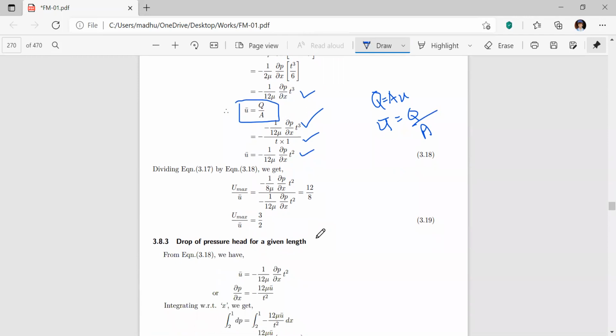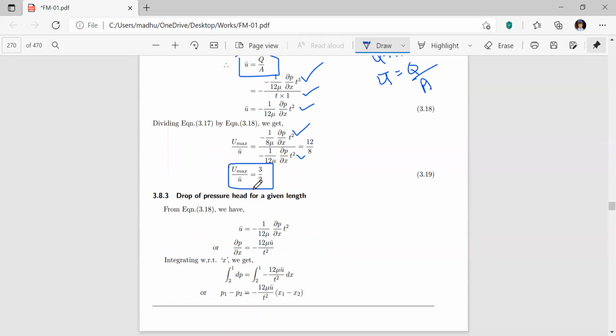Now the ratio of u maximum by u bar is obtained by substituting these two equations. dp by dx into t square cancels, mu also cancels, and only 1 by 8 divided by minus 1 by 12 remains. So the final ratio will be 3 by 2.